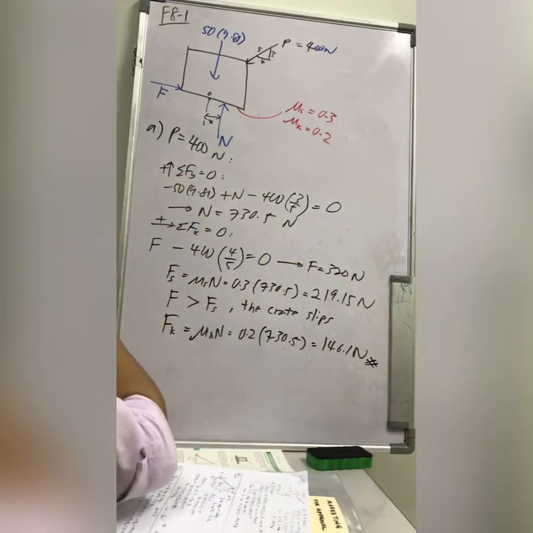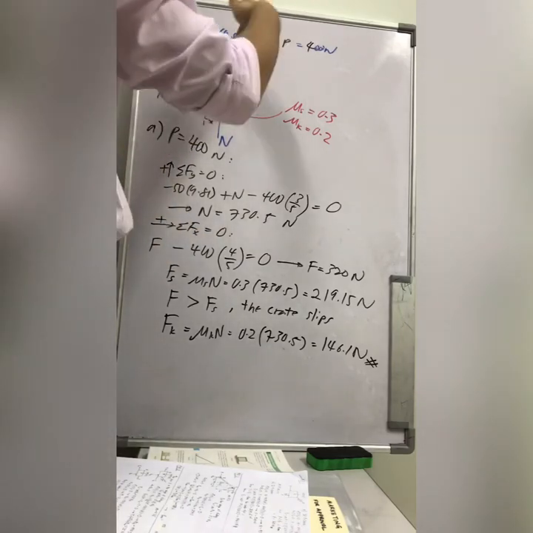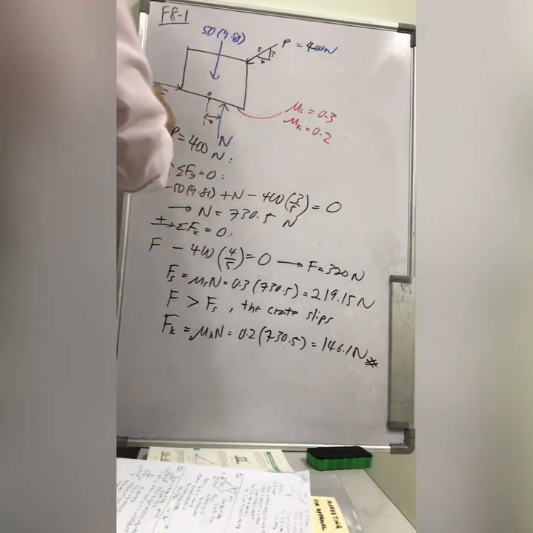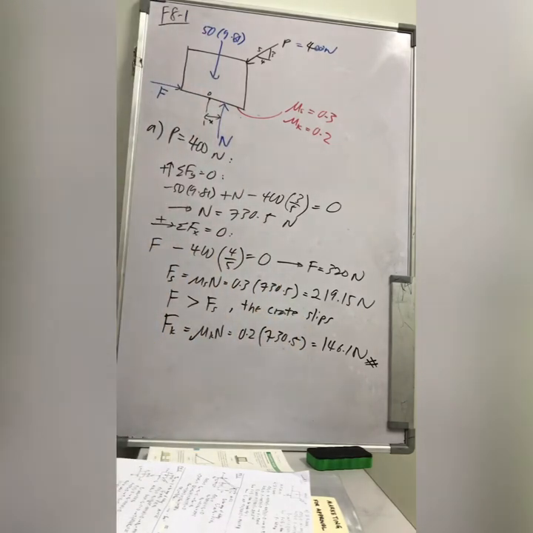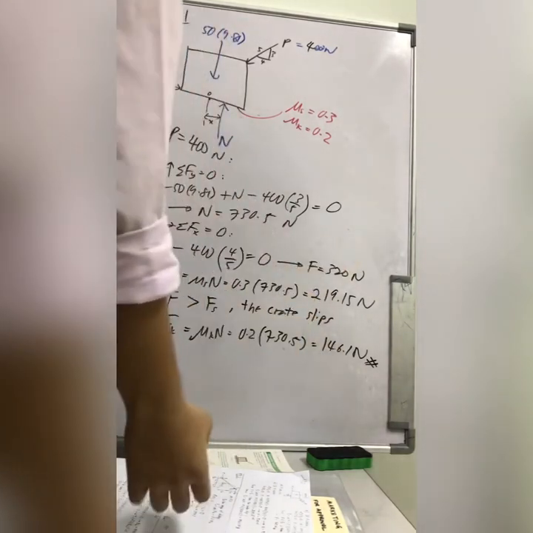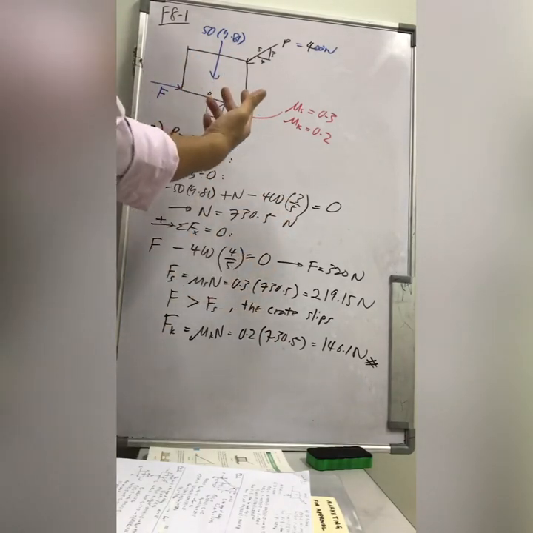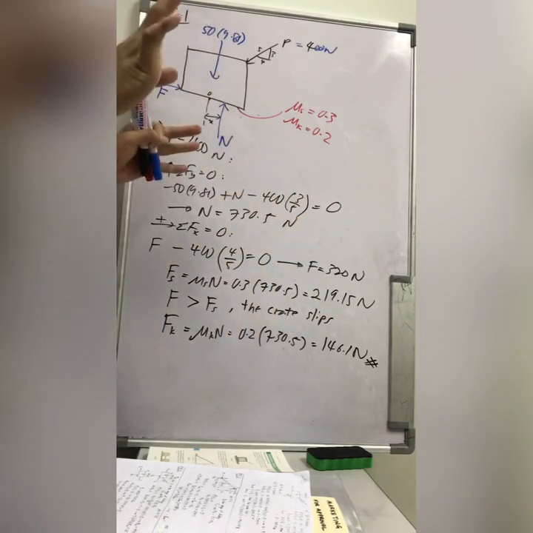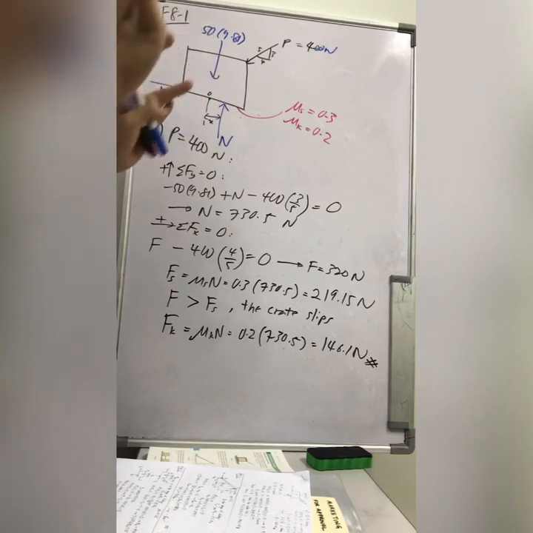So when the crate slips due to your pushing force of 400 Newton, the friction force now becomes the kinetic friction force with a magnitude of 146.1 Newton. Can you see that this is much lesser? Why? Because now it has moved. If you try to push something, before it moves it's very hard to push, but once it has started to move, you can push it very easily.